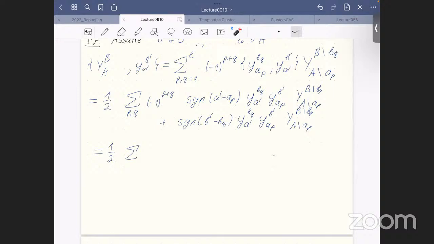Here we can take summation over P, yes, we can take summation over Q. We can take one summation, say sine A prime minus AP with minus 1 power P, and here we have minus 1 power Q times this term, and this will be equal to the determinant of A, and here will be B without BQ, but with B prime.